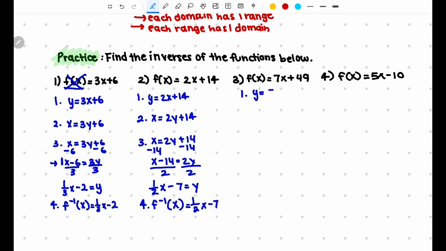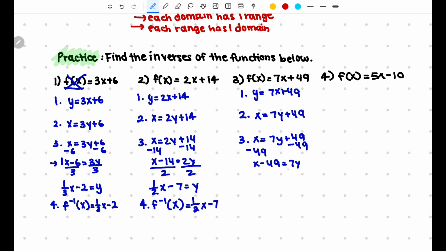We're going to do the exact same thing for number 3. Solve for y now. And then just write the correct inverse function notation.